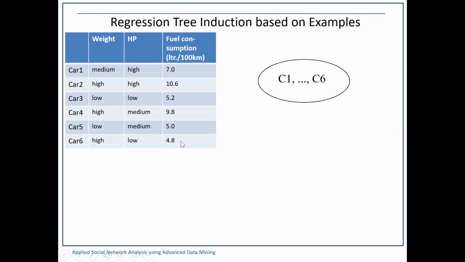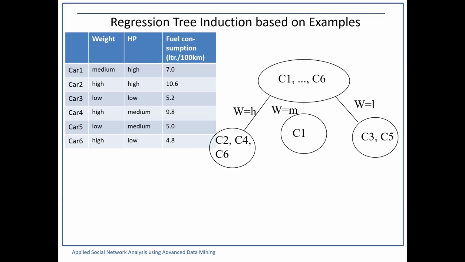I'll go through this a bit faster because it's very similar. There's only one difference. Branching is still the same. For branching, we use the candidate variables, which are categorical variables.